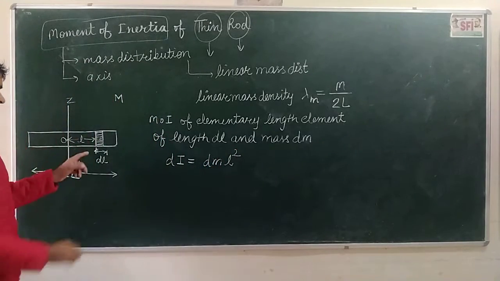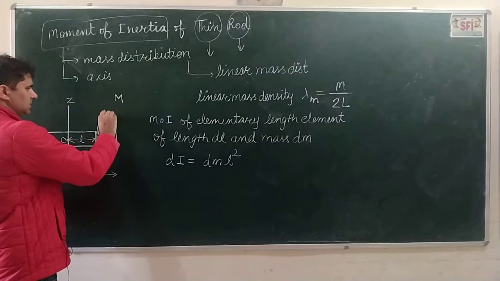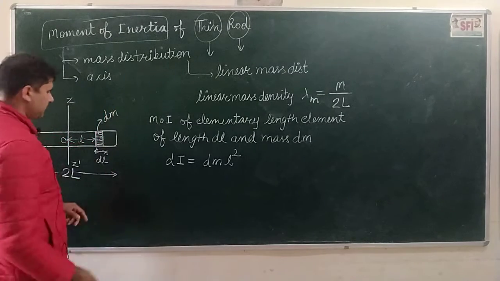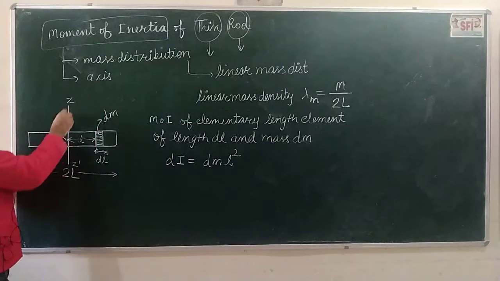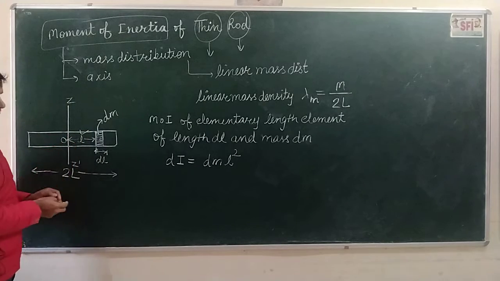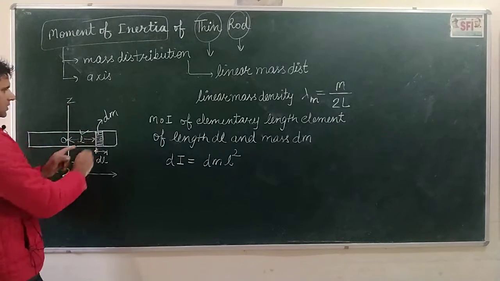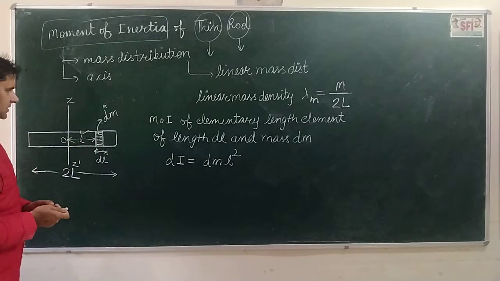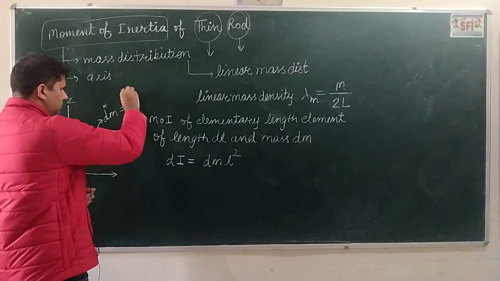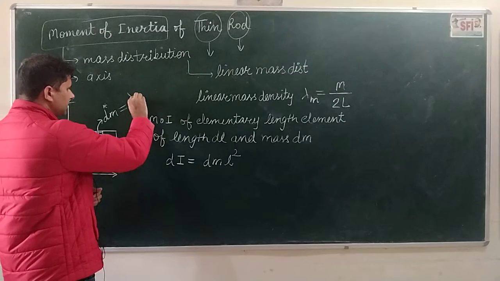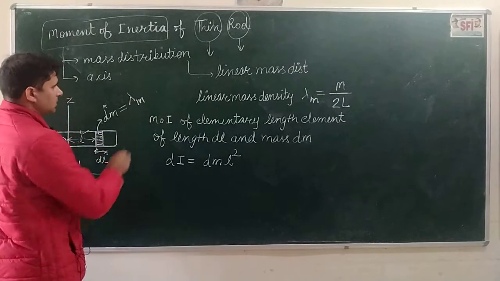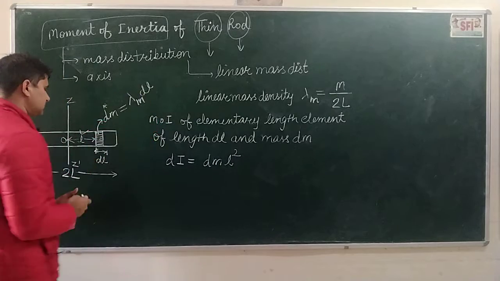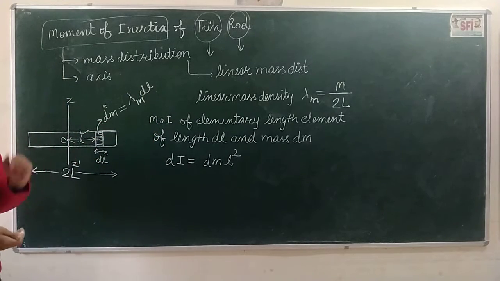You see, the mass of this element is dm, and its distance from the axis of rotation is small l. Now you are to find the mass of this length element. It will be equal to the linear mass density lambda m into the length of this element, that is dl.